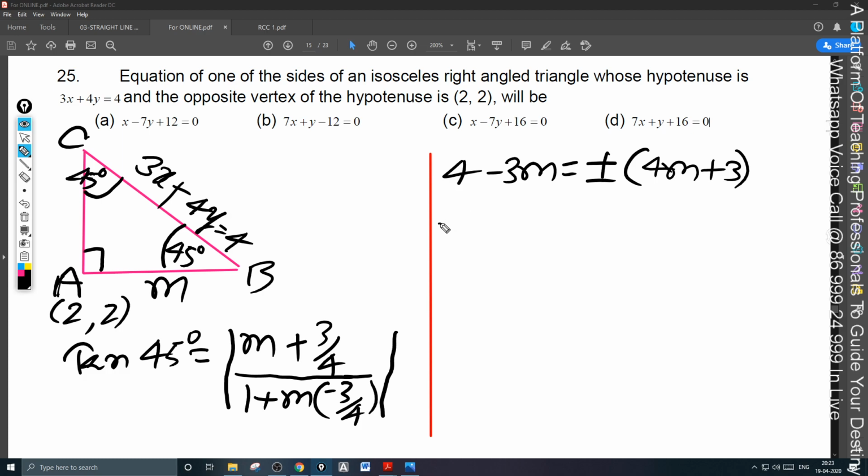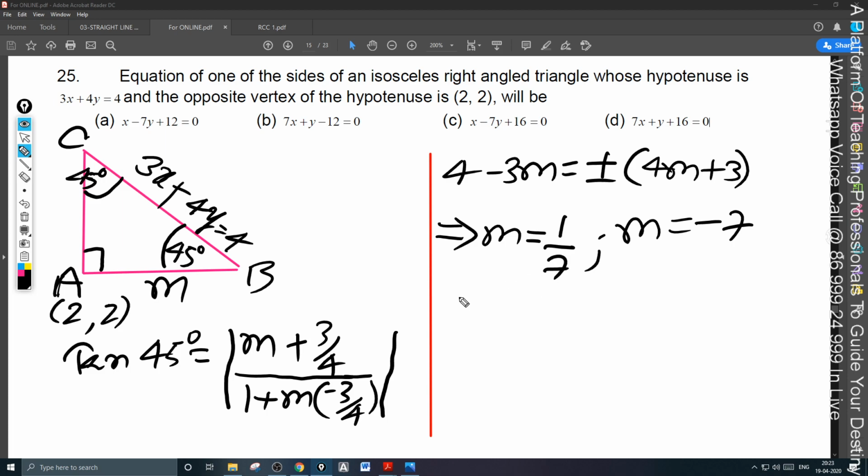Take plus and write the slope. If you take plus, 4m plus 3m, 7m. 7m is equal to 4 minus 3, 1. m is 1 by 7. Or if you take minus, m is equal to minus 7, because they are mutually perpendicular. Obviously it happens. The product of these two is minus 1 because it is 90 degrees here.